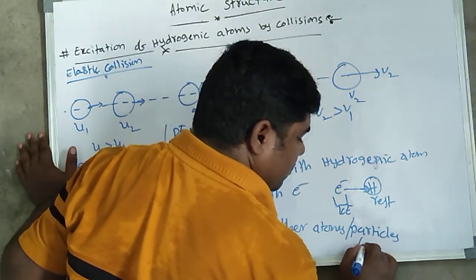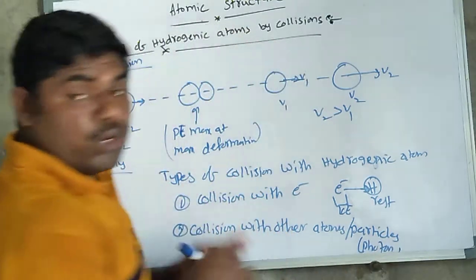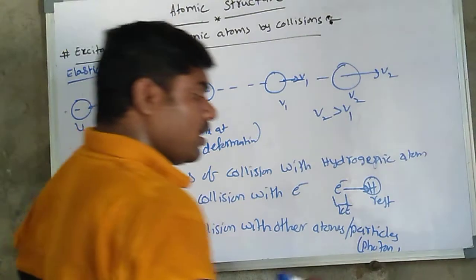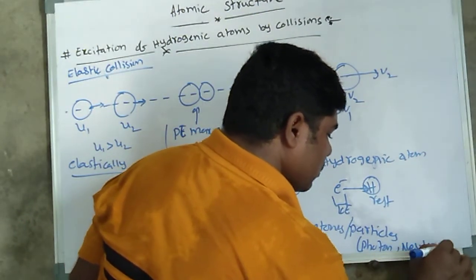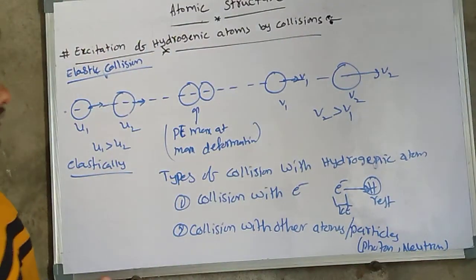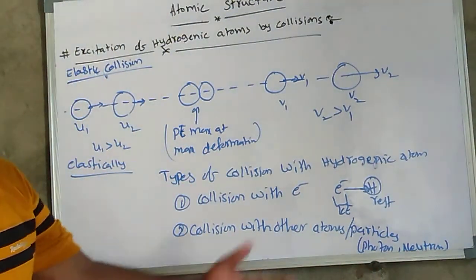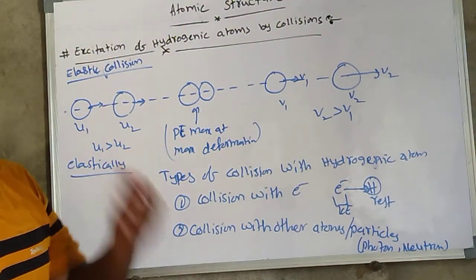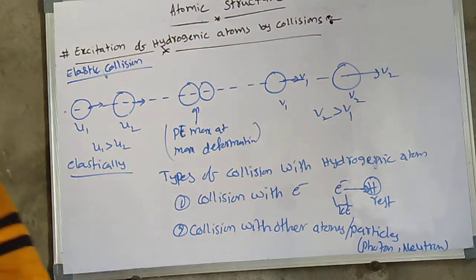These particles are photon, neutron, and the remaining alpha particle and beta particle, and pions, kaons, like that. All are particles. So one by one we are going to discuss.